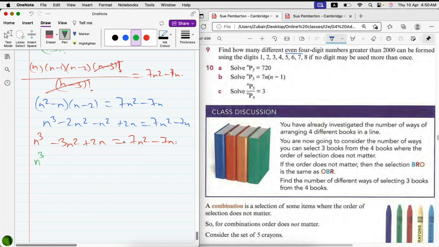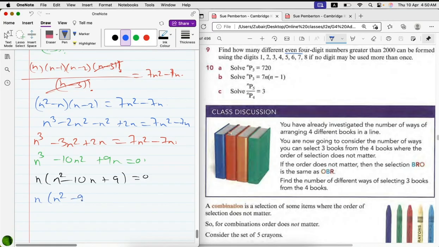N cube, so now this is 3 and 7, 10. N square 7, 8, 9. N is equal to 0. Taking out N common, N into N square minus 10N plus 9 is equal to 0. So multiplying, I'm getting 9. So 9 is 1 into 9.